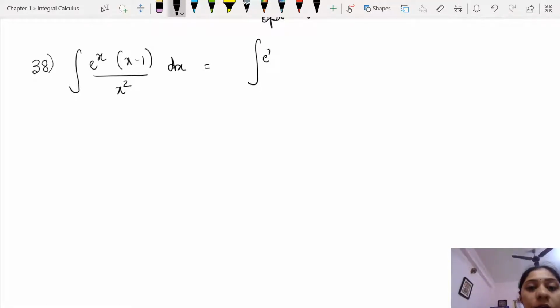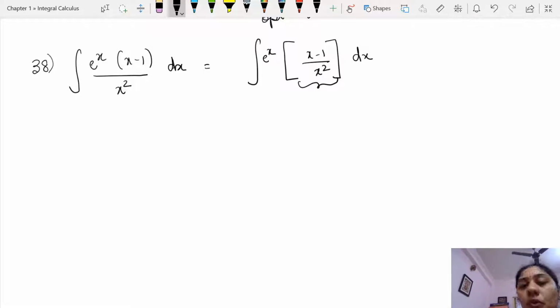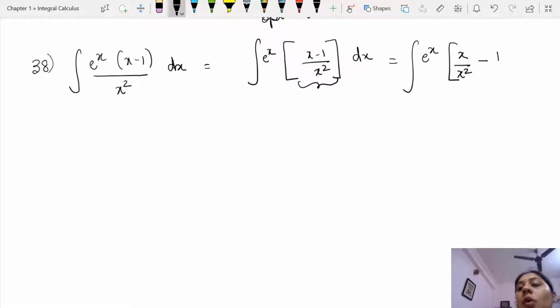Again, like I told you, keep the e power x separately, and within the bracket x minus 1 divided by x square. Now we have to split this whole thing into two terms, that is f of x and f dash of x. How are we going to do that? e power x within bracket x by x square minus 1 upon x square.